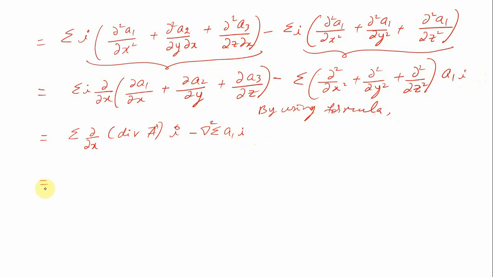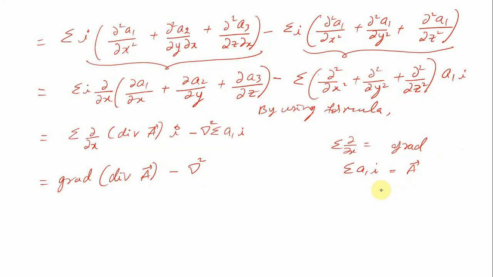Now you can see, yes friends, this summation ∂/∂x, summation ∂/∂x is considered as gradient. So I just take this as gradient of divergence of a bar, that's it friends, minus del square. Please consider this summation a1 i is equal to nothing but a bar.